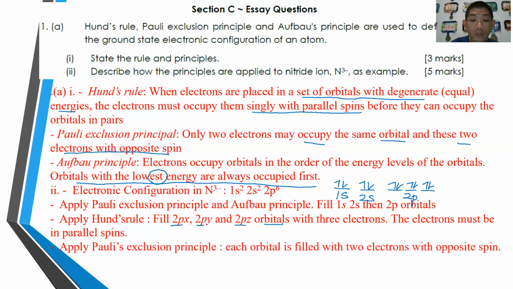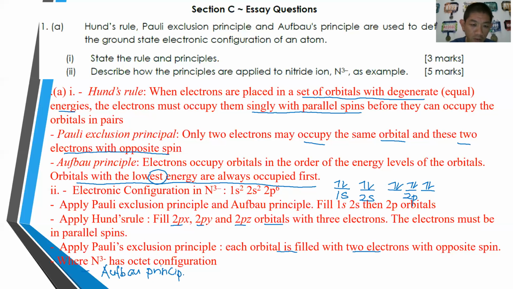And then for Pauli exclusion principle, each orbital is filled with 2 electrons with opposite spin as shown in the diagram. And finally, Aufbau principle, so I just write it out here.